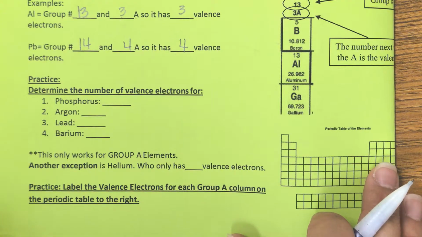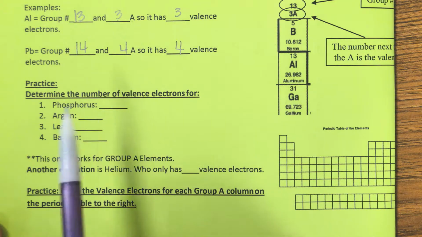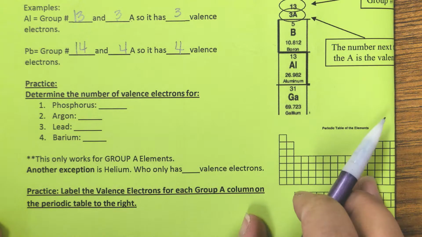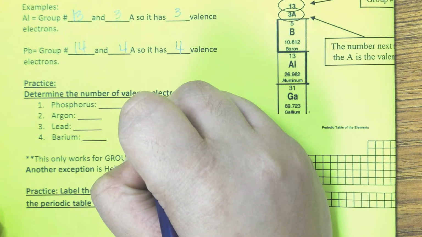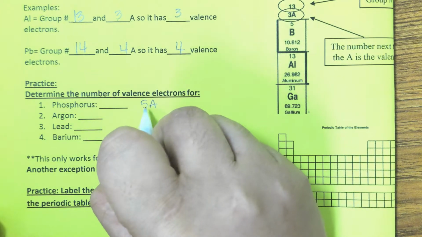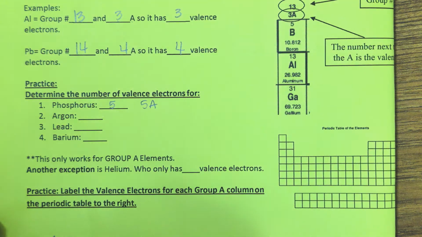Practice: determine the number of valence electrons for phosphorus, argon, lead, and barium. I'm just going to tell you that phosphorus is in group 5A, so it has 5 valence electrons.